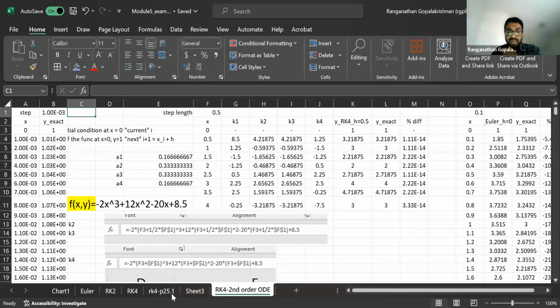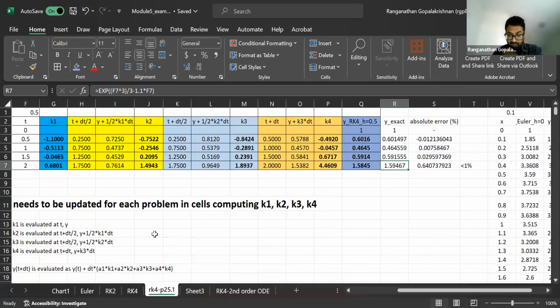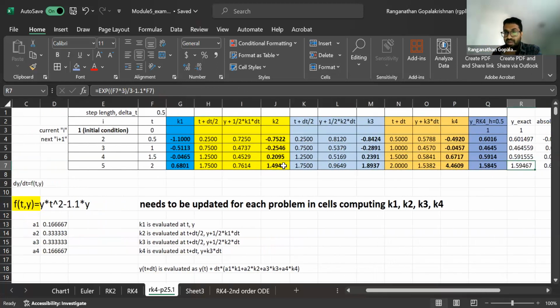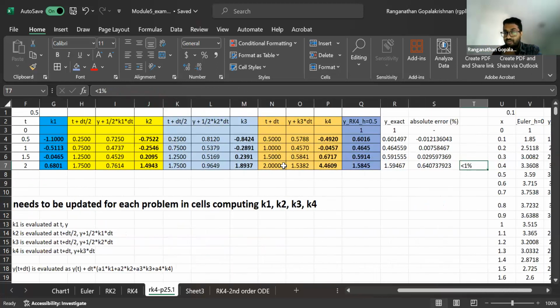If you take this example here, our function or the slope depends on both the independent variable t and the dependent variable y, making this what they call a nonlinear ODE, nonlinear differential equation. So our error here isn't as small as we got the previous time.